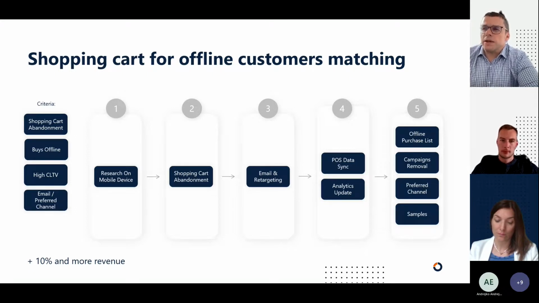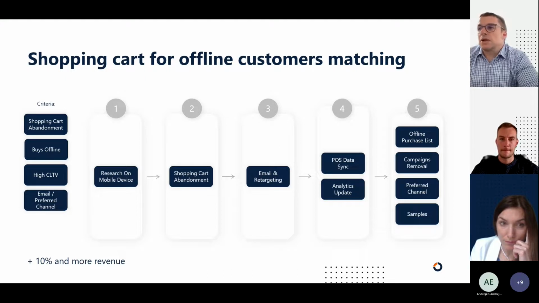The way we can influence this offline customer is through emailing and retargeting, but the preliminary criteria is that we have this customer matched through email. Also, this client has high CLTV, and we also have synced, which is very important, POS data.